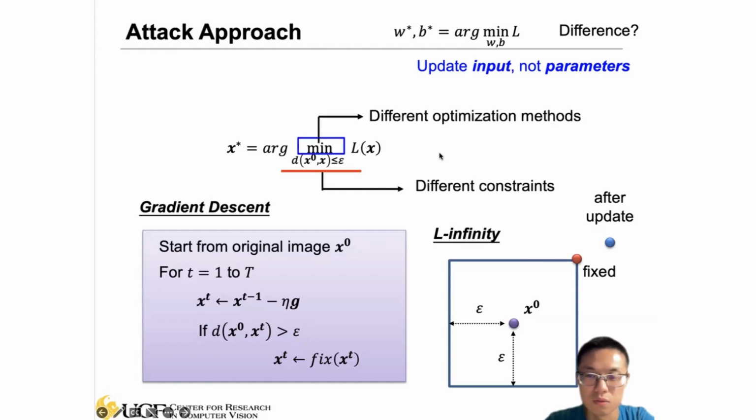And for different attack approaches, maybe you can have different optimization functions. So you can add in some additional terms, so that you can formulate a different objective and generate an attack to fit that objective function. But here what we discuss is the very basic thing you can do for the adversarial attack.